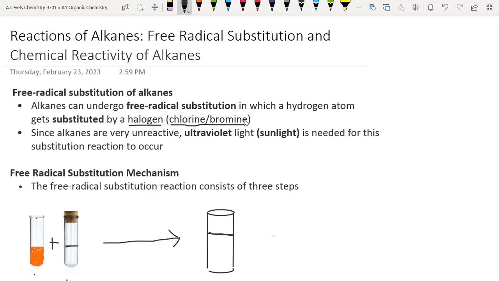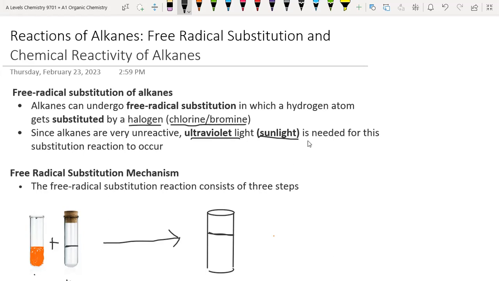To substitute one hydrogen, we have to use ultraviolet light or sunlight. As alkanes are unreactive, we have to give ultraviolet radiation or sunlight for substitution to take place.